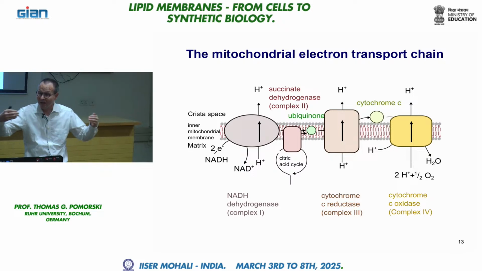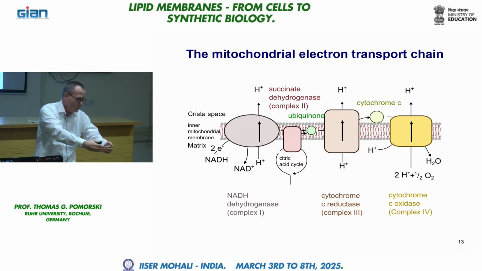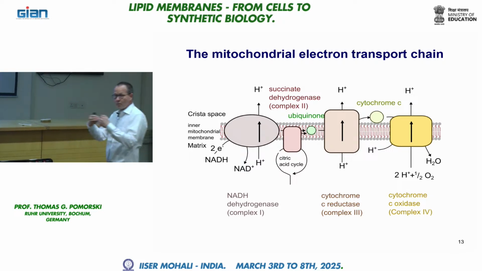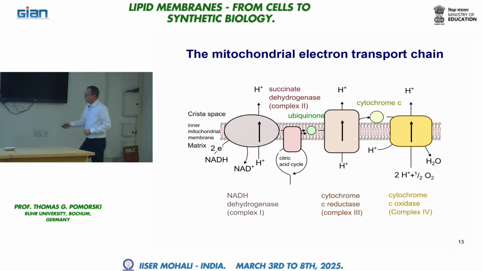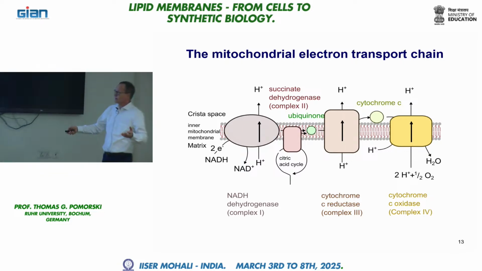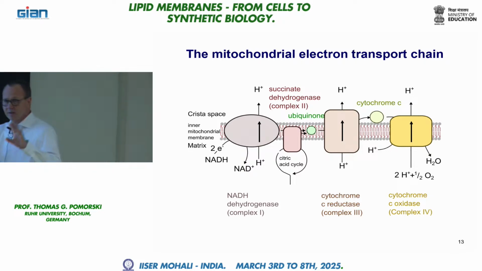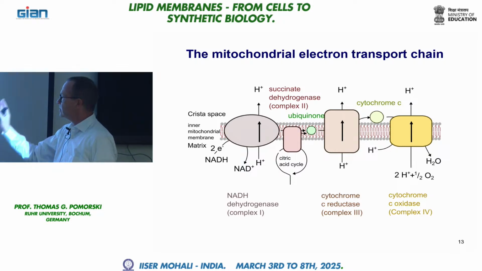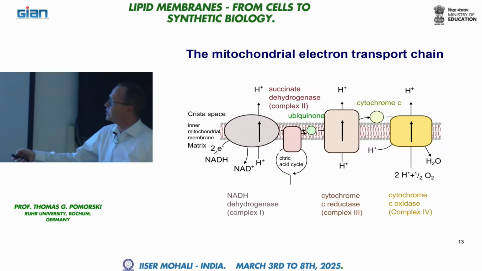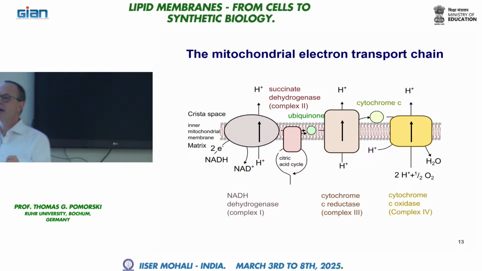So you generate a strong proton gradient by just taking 2 electrons from an organic substance that you break down. Okay? For historical reasons, they are not numbered exactly as you would expect, 1, 2, 3, but 1, 3, and 4. But this is something for those who really want to dive into the details. The principle is 3 proton pumps. And in between, you also have helper proteins or helper molecules that help in the transfer of the electrons.